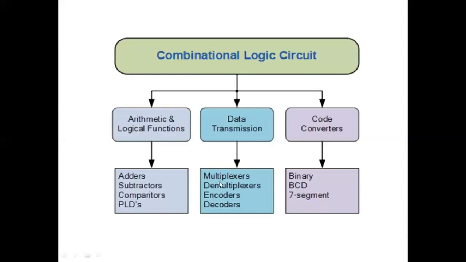Next, multiplexers, demultiplexers, encoders, decoders come under the data transmission circuits, and binary, BCD, 7-segment code converters. So all these are the several examples for the combinational logic circuit. Now, what is the basic element in designing of these circuits? That is the logic gate.